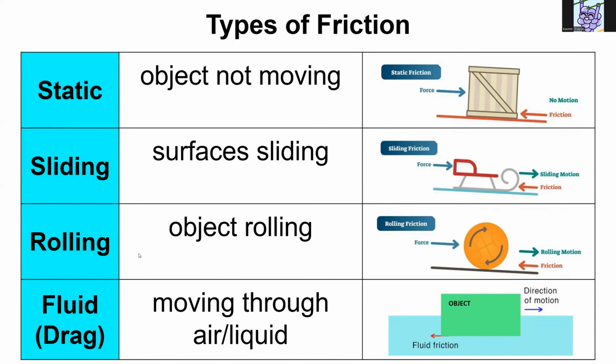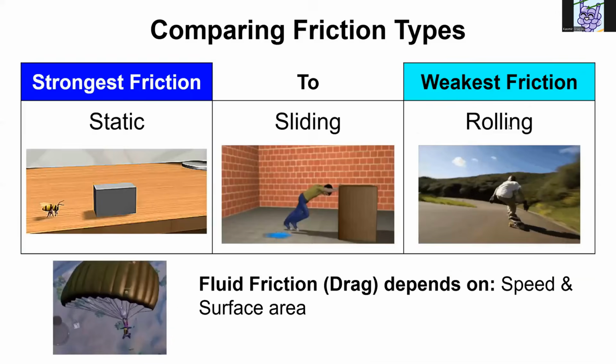And you have rolling friction, when an object is rolling. So for rolling friction, you have the force against the friction and then a rolling motion. And then fluid friction, which is drag, it's moving through air or liquid. So if you have a swimmer moving through water, or someone skydiving moving through air.